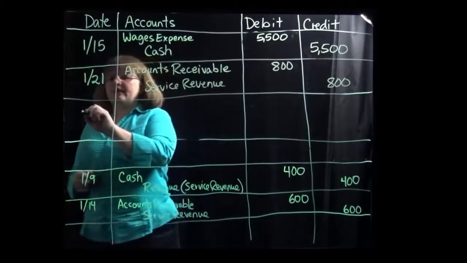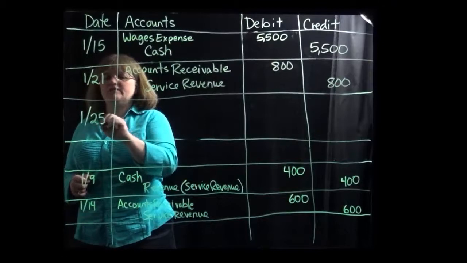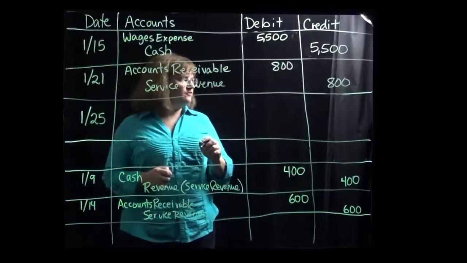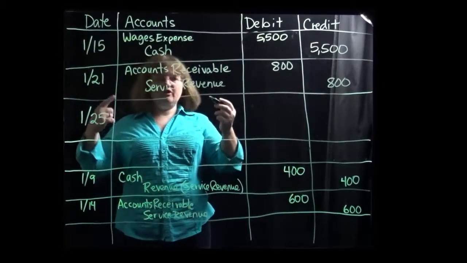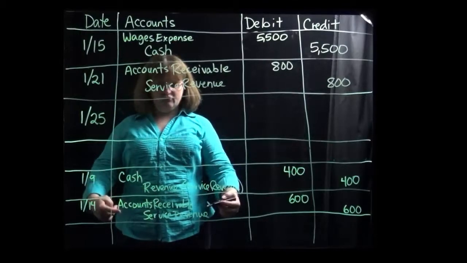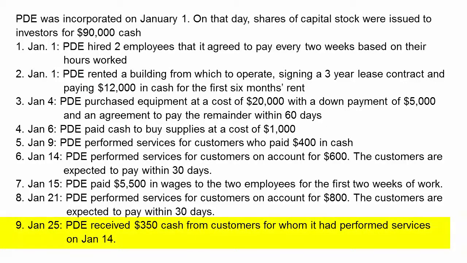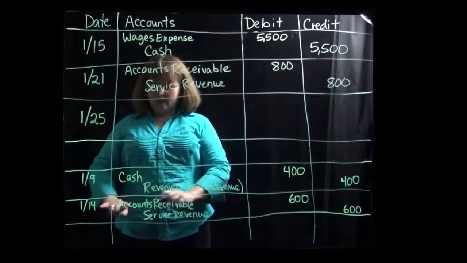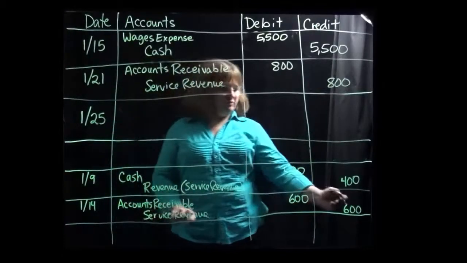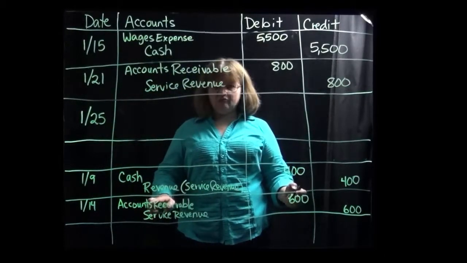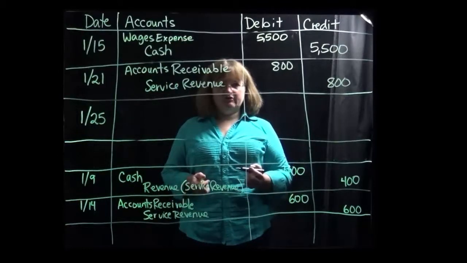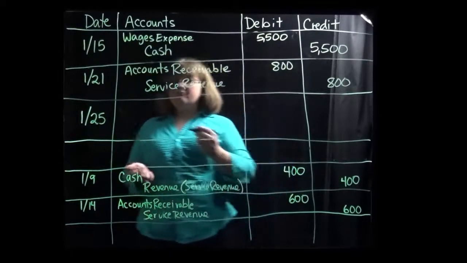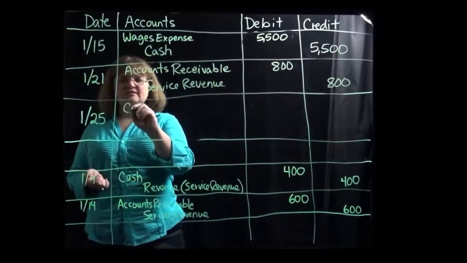Finally, it says that on the 25th, the company received cash from customers for whom it had performed the services on January 14th. So on January 14th, remember that we made this entry. We debited accounts receivable and we credited service revenue. So now when we receive cash, the cash side is easy.